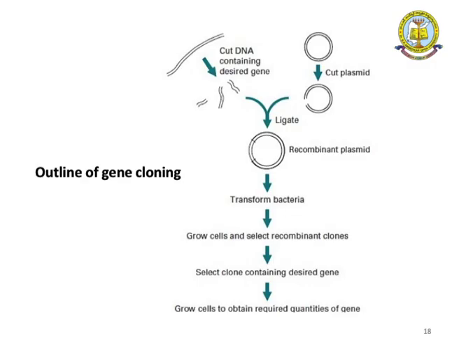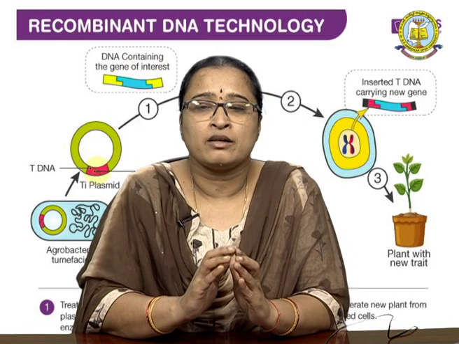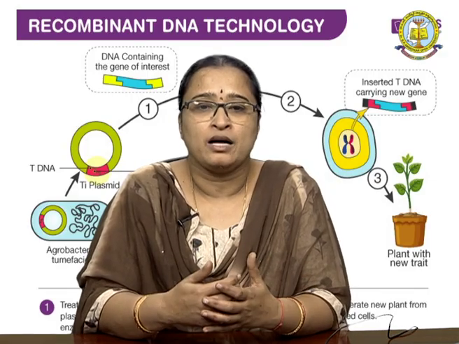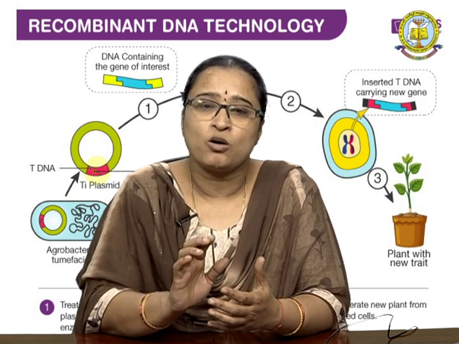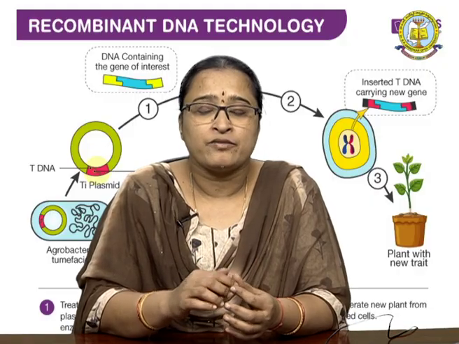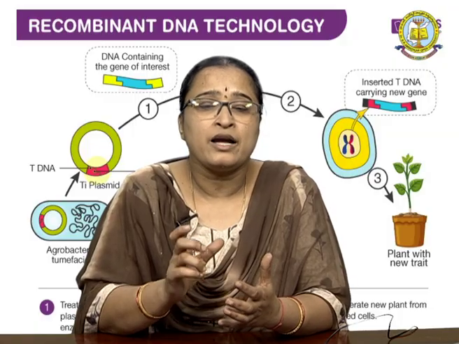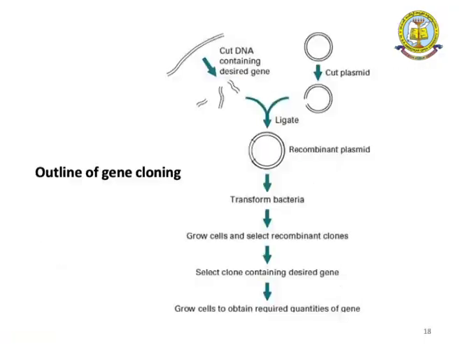In industry or in the laboratory, after developing the bacteria, you can select only recombinant colonies. After selection, the colonies containing the desired genes are selected, and the cells are grown to obtain the required quantities of genes.